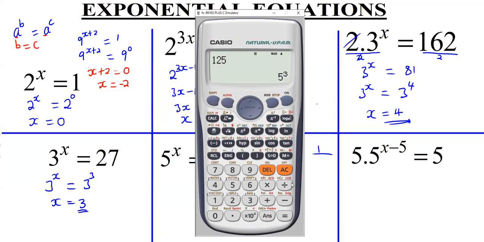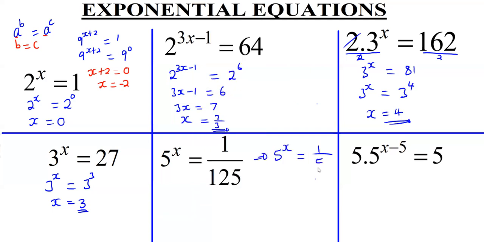And remember the law that we learned before, that 1 over a to the power of n is equal to a to the power of negative n. So in this case, 5 to the power of x should be equal to 5 to the negative 3. Then the value of x in this case will be equal to negative 3.